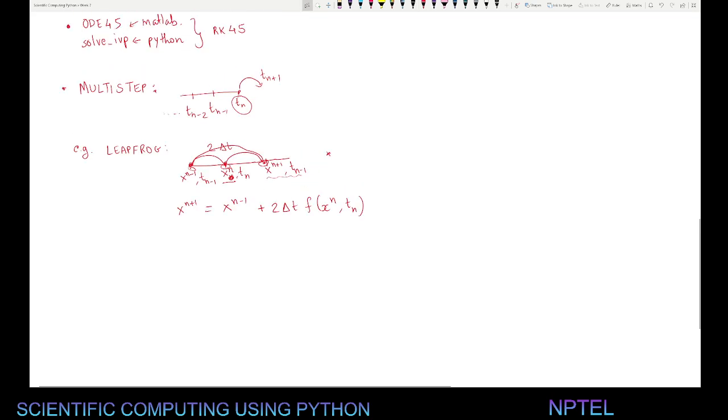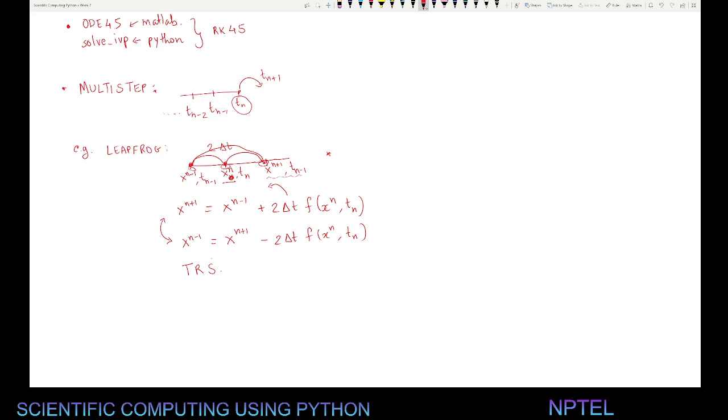One good thing is that you can write this as xn minus 1. I can take this to the left hand side, right? So xn plus 1 minus 2 delta t f of xn tn, which means it is time reversal symmetric, right?